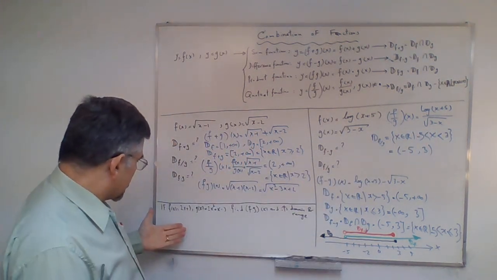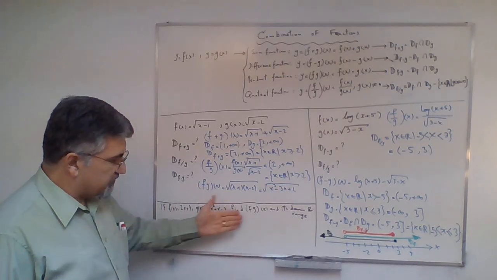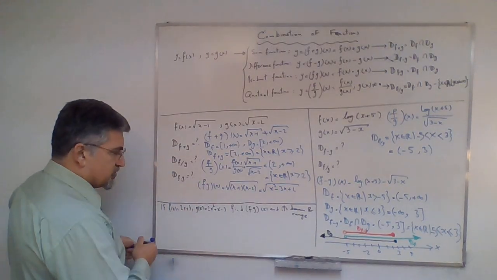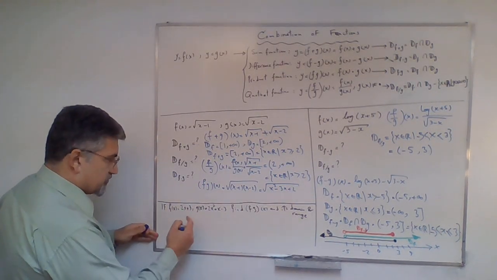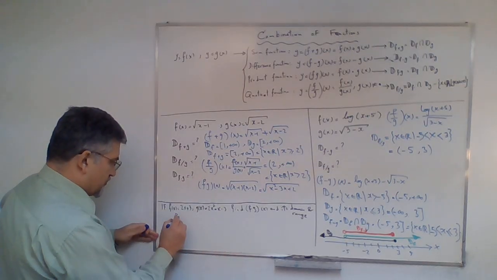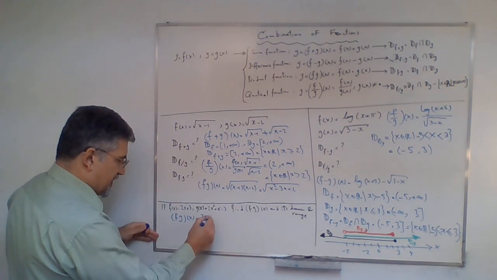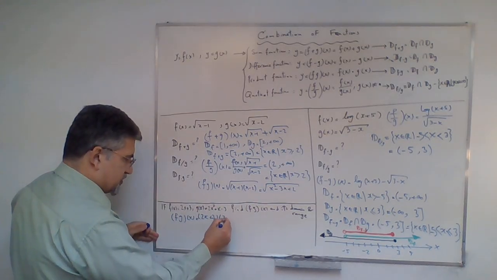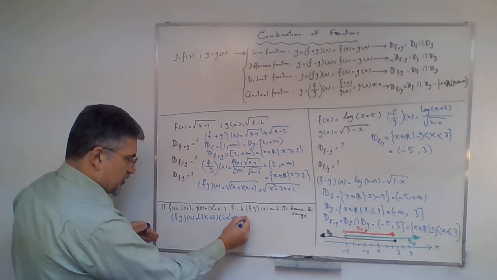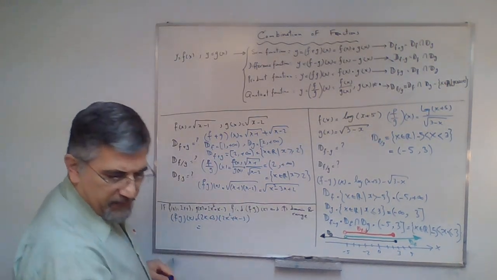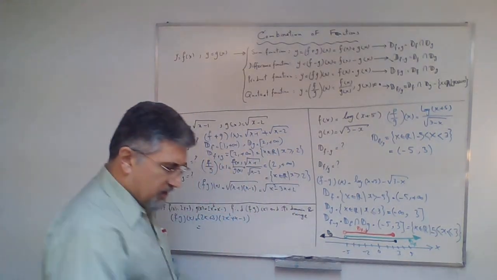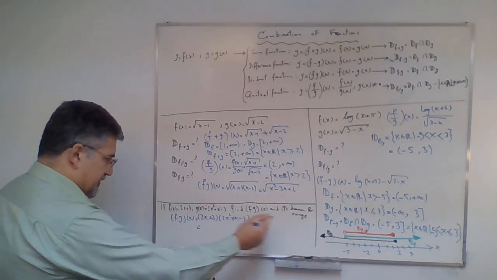So there's another question here. It says f of x and g of x are given. Find the product function. This one doesn't say anything about domain, or actually it says. So we're going to say fg of x, the product, is going to be f of x times g of x. So we are multiplying a linear function by a quadratic function. So we have to perform the expanding.